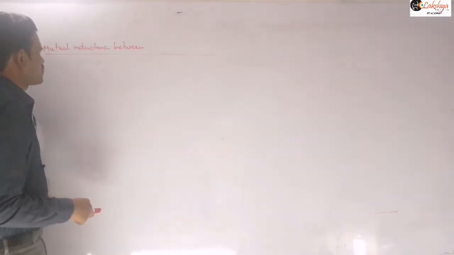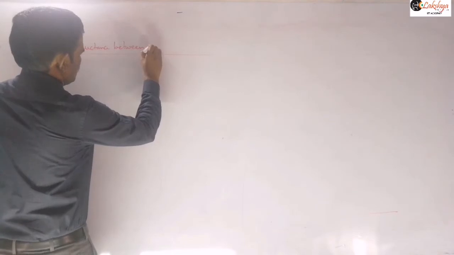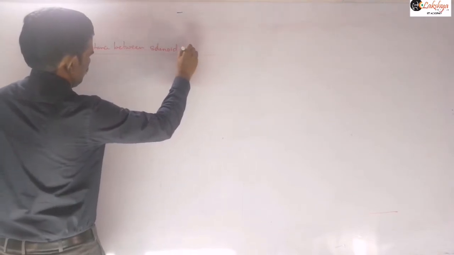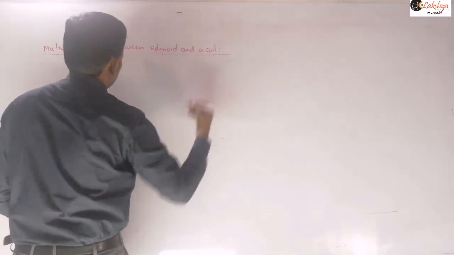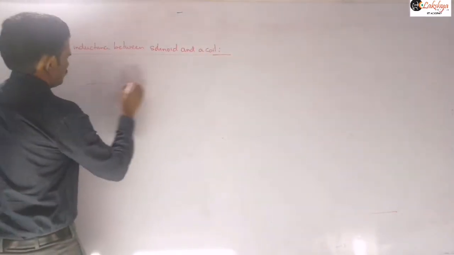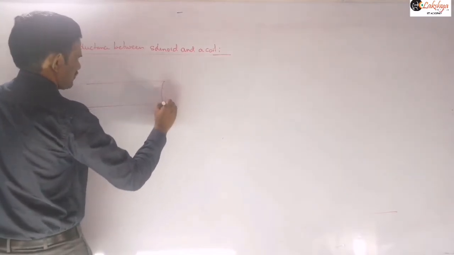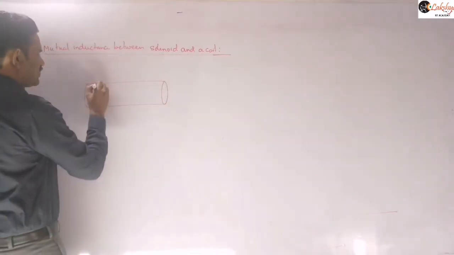And so next, let us see mutual inductance between a solenoid and a coil. Let us consider that next. I am taking a long solenoid having n1 number of turns per unit length.